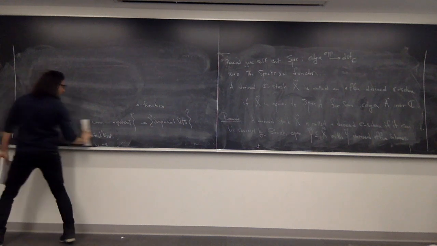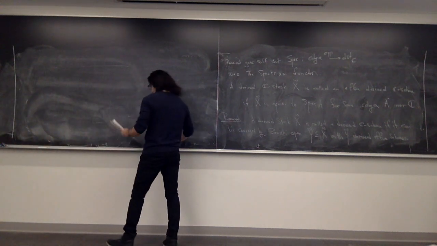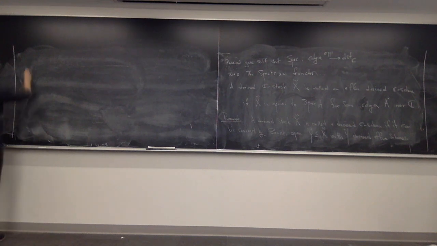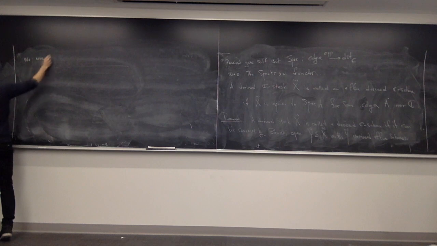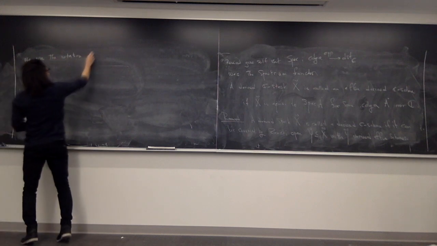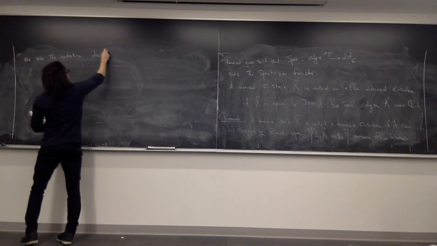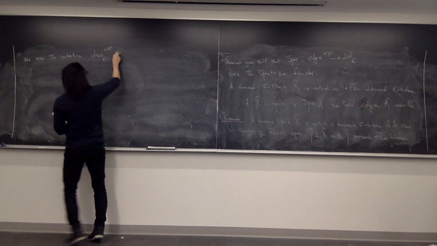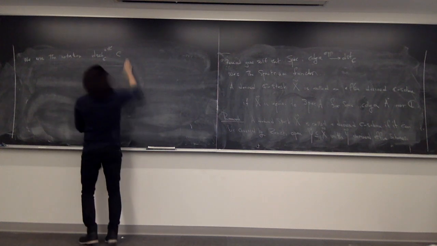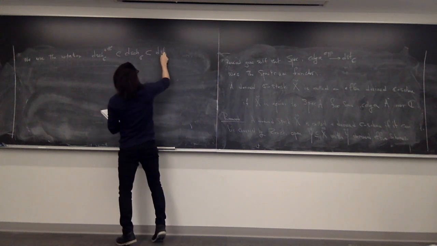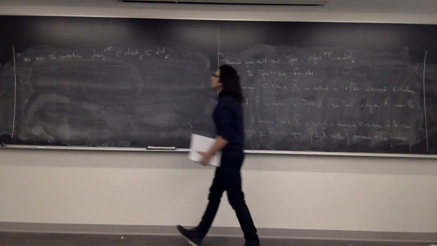And, okay. So now we use the notation. This is actually telling us that derived affine schemes over C are a full subcategory of derived schemes over C, which itself is a full subcategory of derived stacks over C.